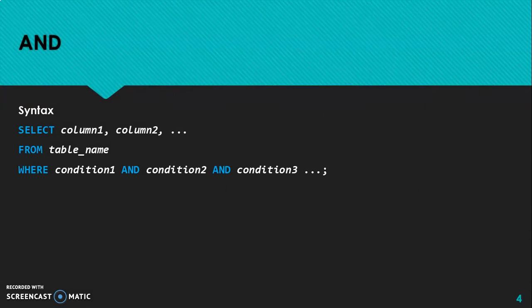So starting with the AND, the syntax is: select columns, whatever columns you require, either one column, two columns, or n number of columns, from a table where condition one and condition two and condition three, and so on. I can have n number of conditions, but minimum I should have these two conditions.